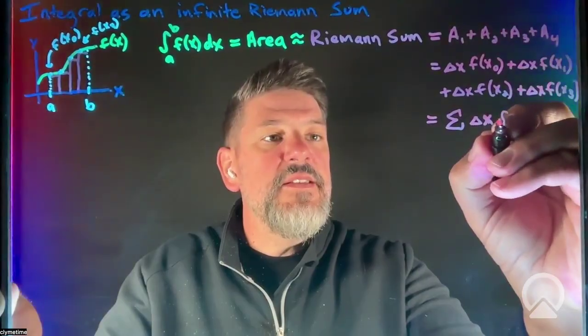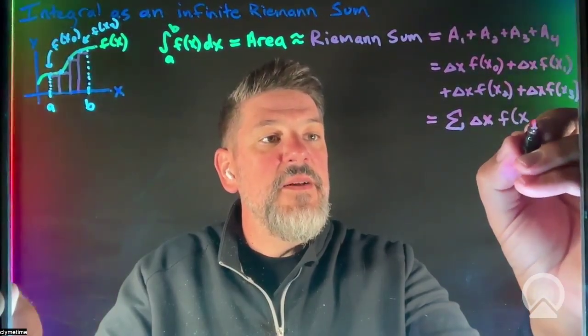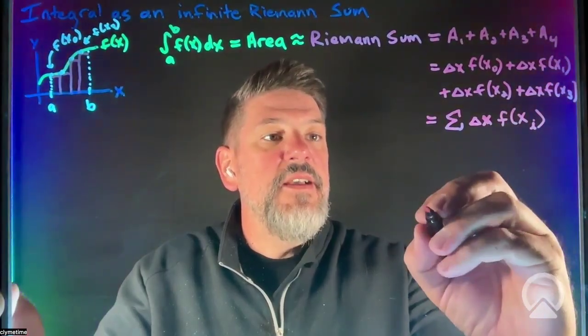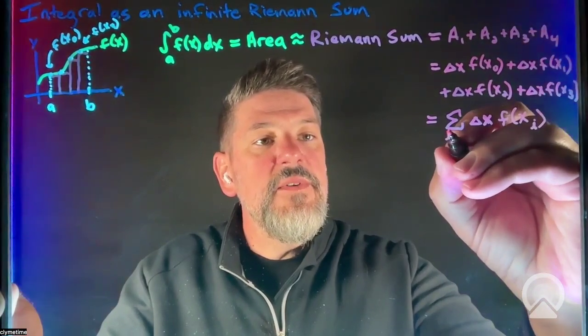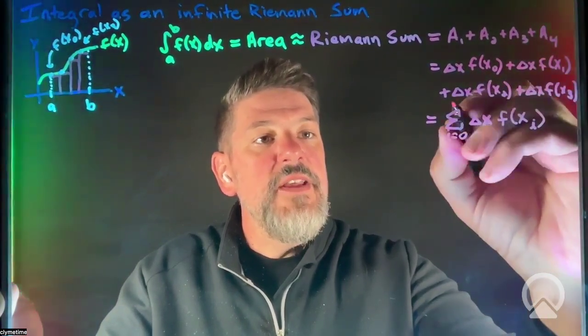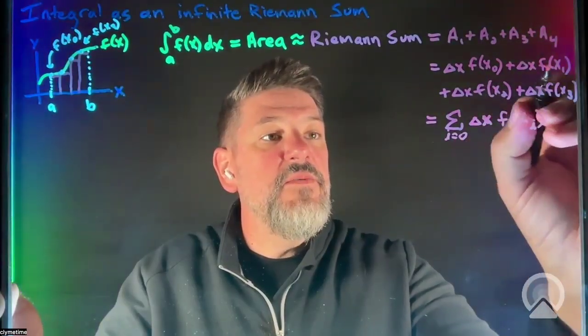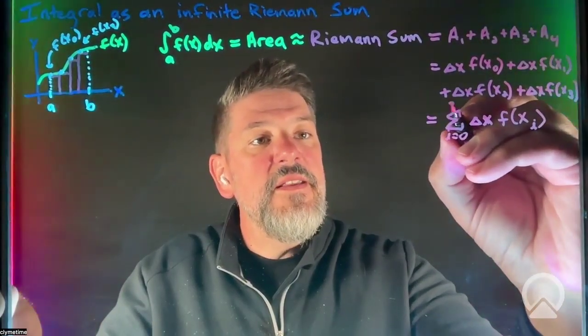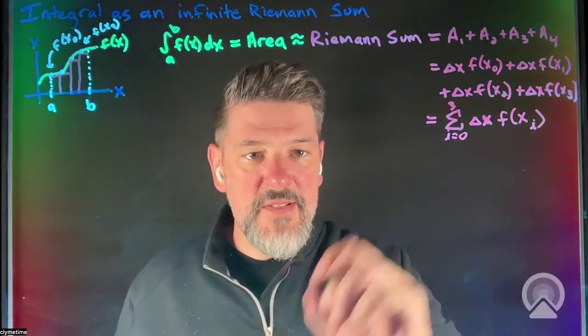And then what else is in every single term is a y value. And so I'm going to say f of x sub i. And so my y value is going to change. Down here, I'm going to say where it starts and where it ends. I'm sorry, it's going to start at 0, then 1, 2, 3. And it's going to end at 3. All right, so that is what it looks like when written as a formula.